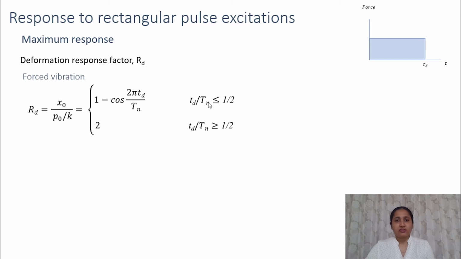So when Td by Tn is less than 0.5, the expression for Rd is this, that is 1 minus cos 2 pi Td by Tn. And when the Td by Tn ratio is more than half, then the maximum amplitude is 2. The maximum amplitude will be 2 times the static deformation, but the maximum value of Rd is 2.